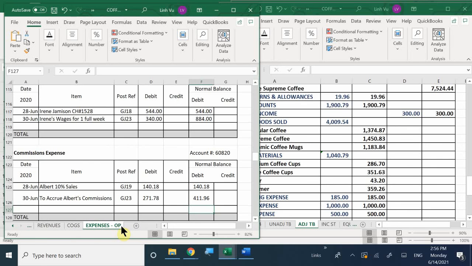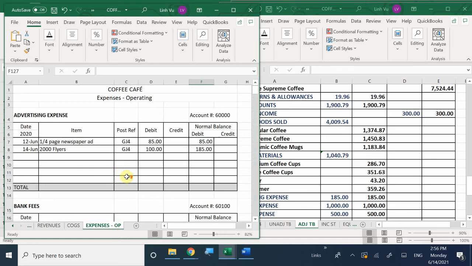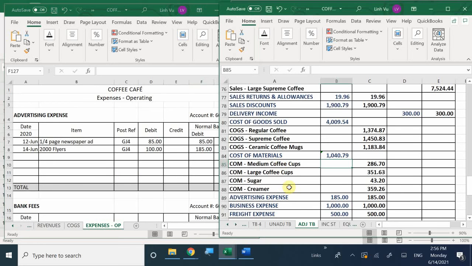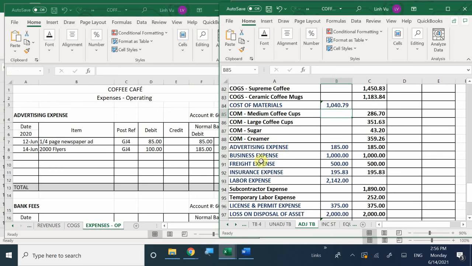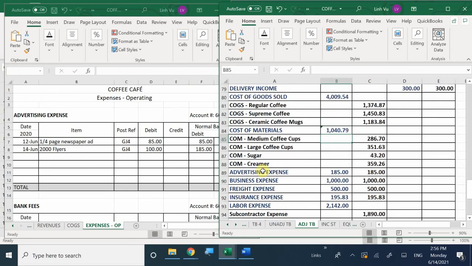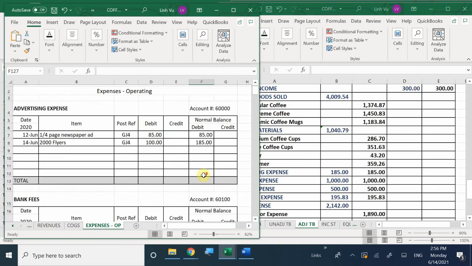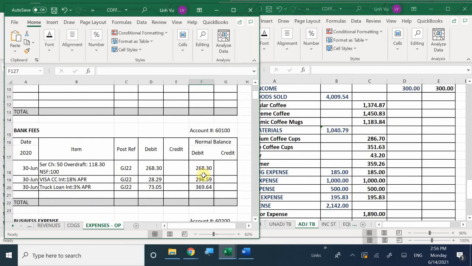So then all we have left is our operating expenses. One at a time, right? Most of these are main accounts. First one here is advertising expense. How much do we have there? 185, so no changes there.